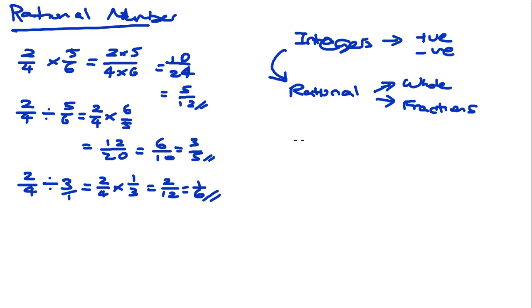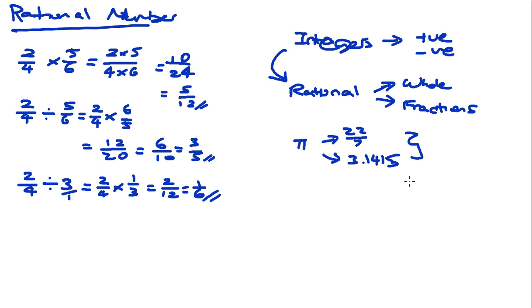Now we look at numbers such as pi. A lot of times people say that pi is 22 over 7, or they even give a decimal like 3.1415. These are actually just approximations of pi. Pi is a number that doesn't terminate.